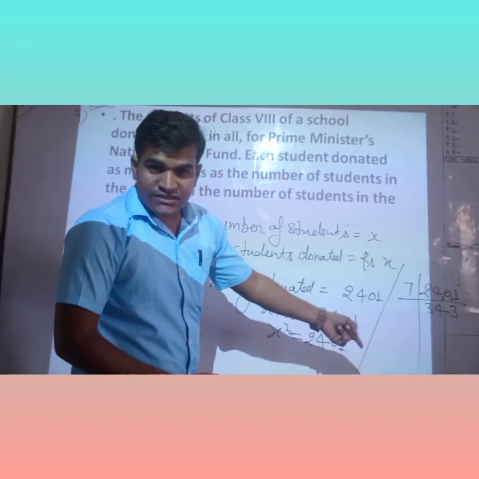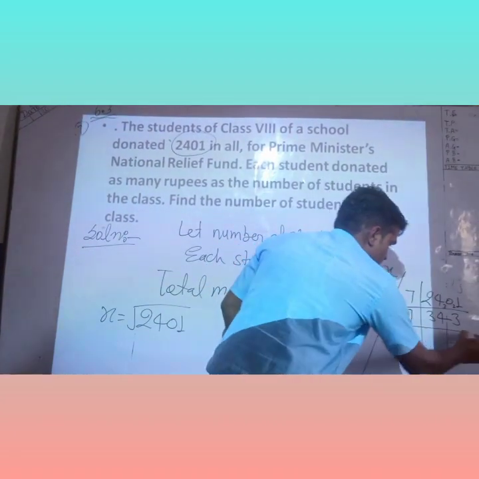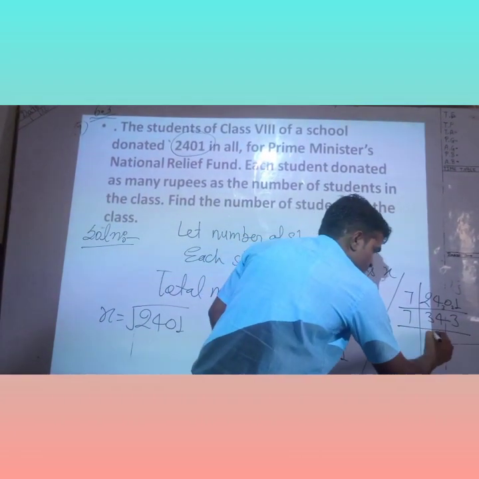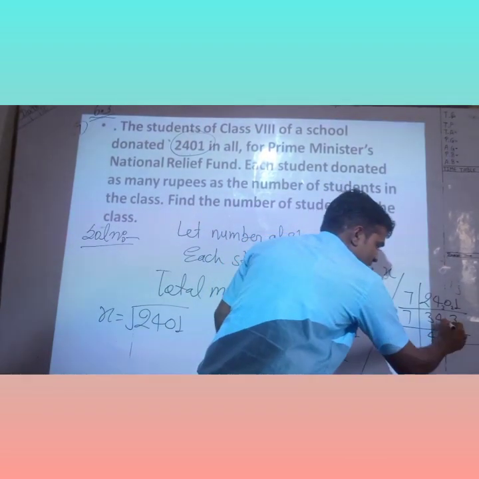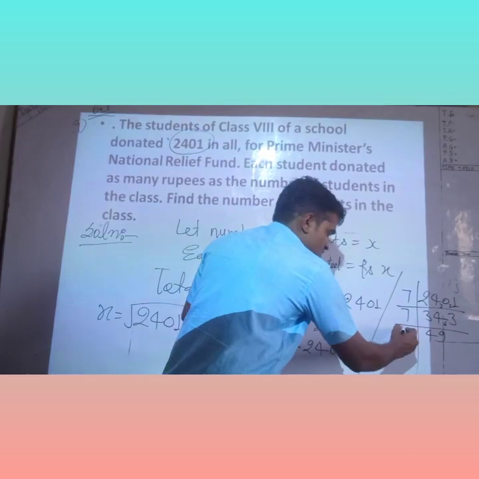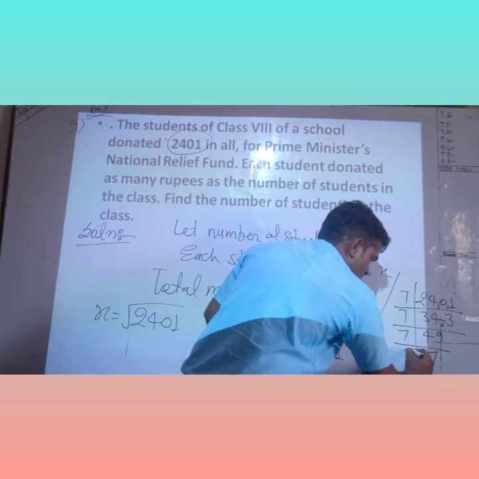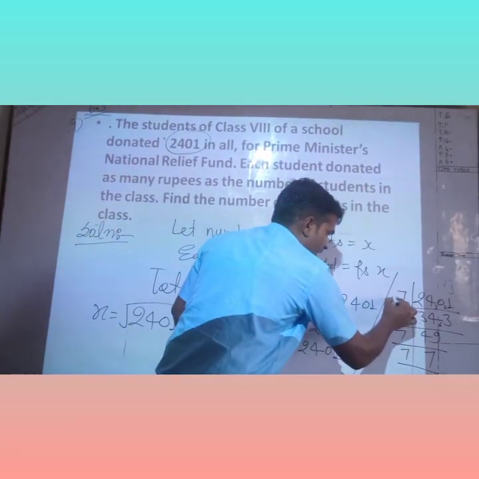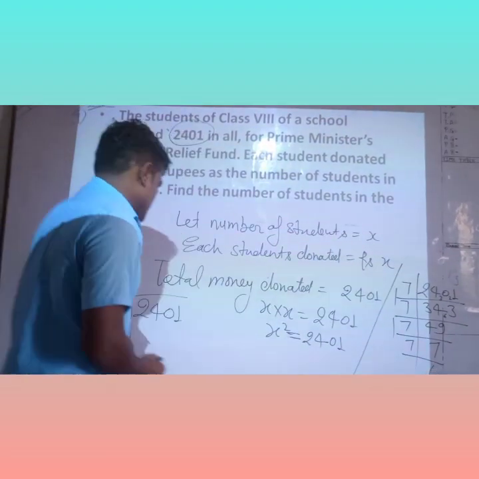Again it is divisible by 7. So 7 fours are 28, and here is 6. 7 nines are 63. 49 is also divisible by 7. 7 and last 7. So the pair of factors is 7 into 7.